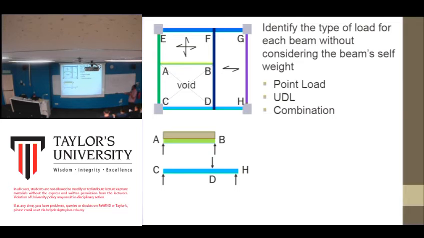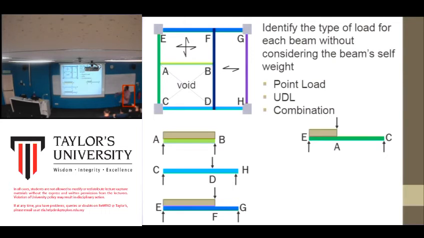Okay, this one? This one is a combination, right? EFG. So this is the load of what? Slab, right? And this is the load of this intersecting beam connecting to this beam. And this supports the column, right? This one? Combination, same as here. EC.